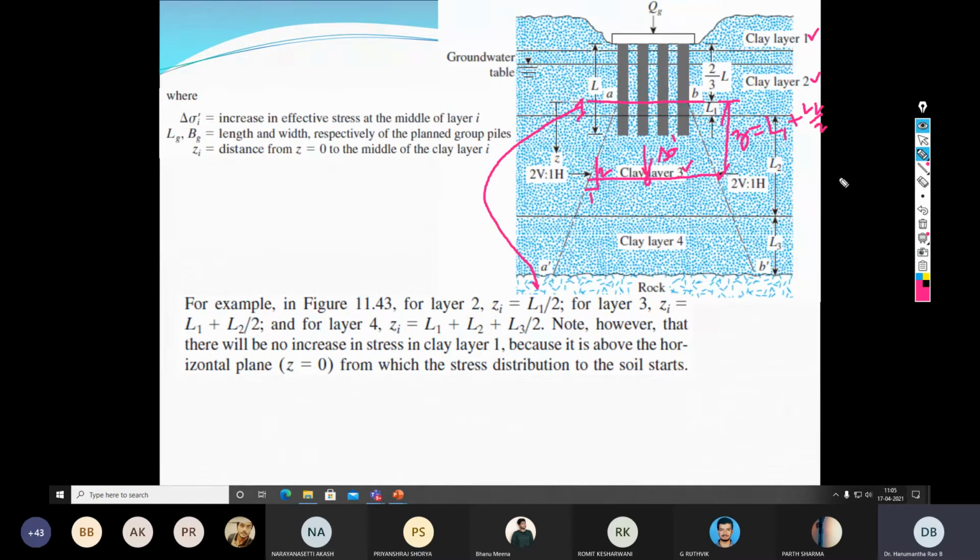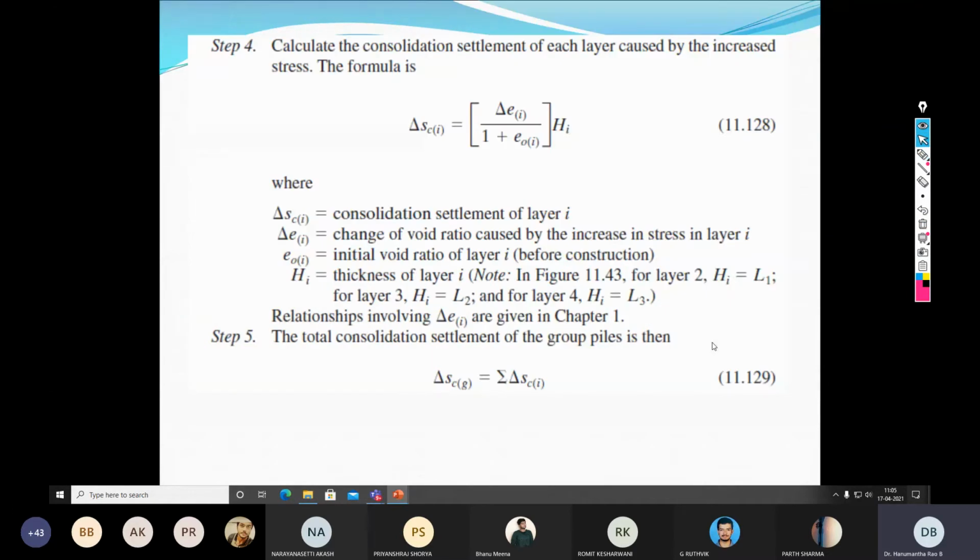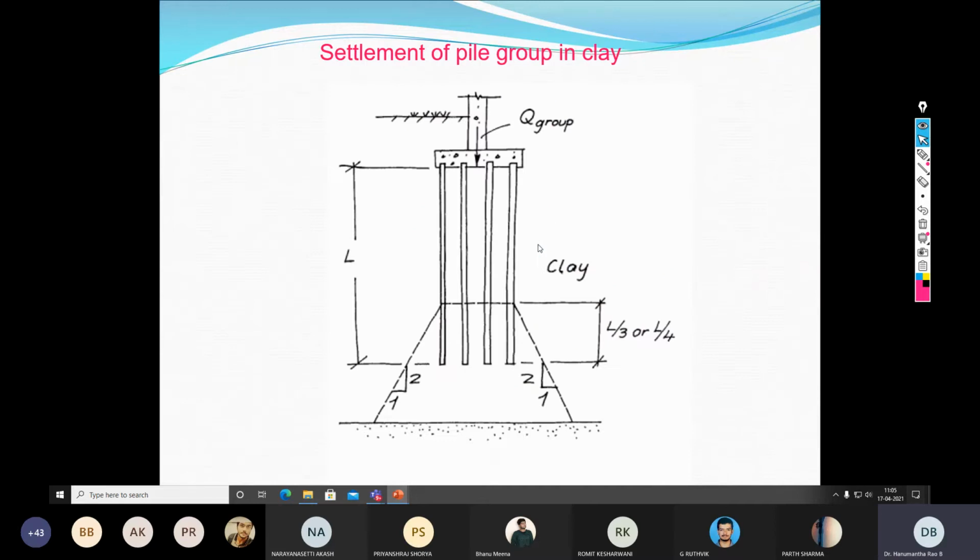However, there are some specific cases in the pile group that we will try to understand. So these equations remain the same. I won't talk about all these things. This is in clay, and this part I have already discussed. So you need to assume a fictitious plane at a depth of 2/3 of L from the bottom of the pile cap.